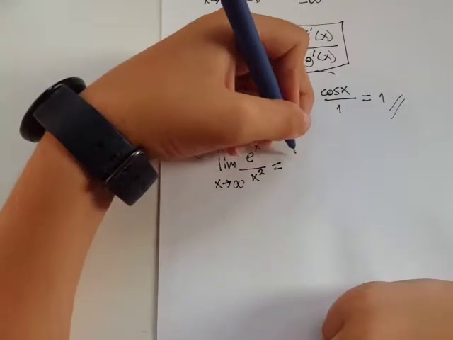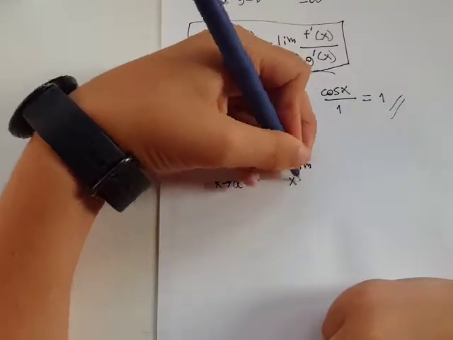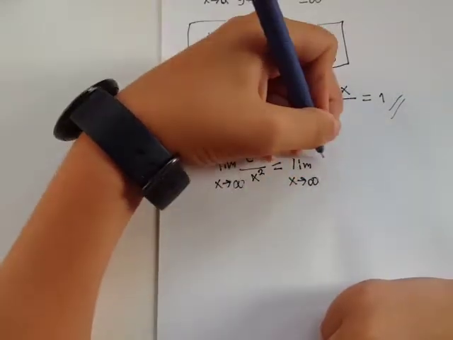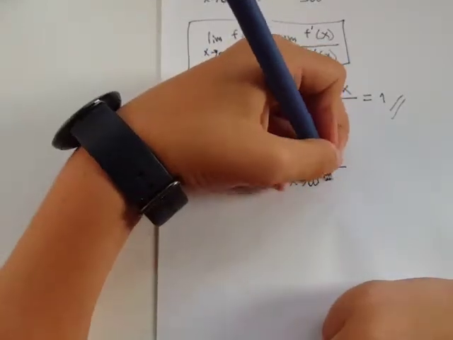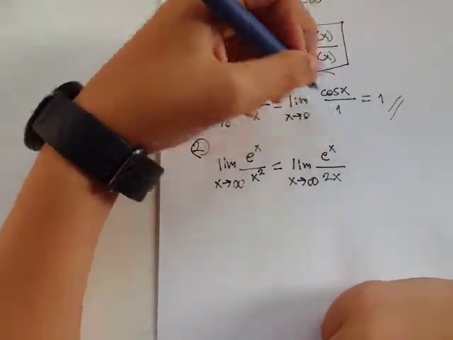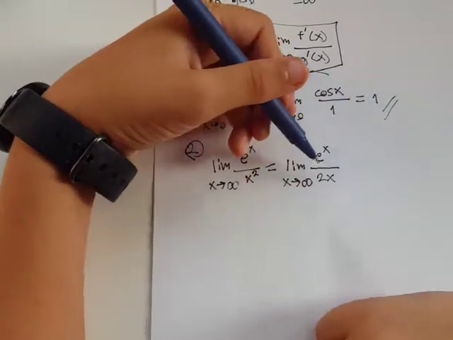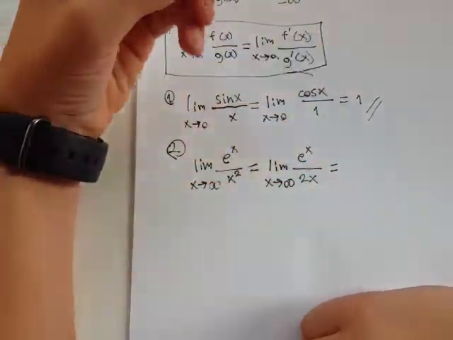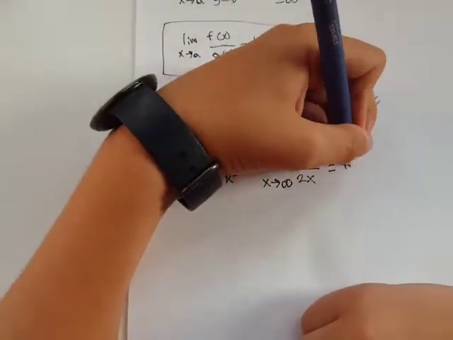So the derivative of e to the x is just e to the x, and the derivative of x squared is 2x. Now, again, both of them approach infinity, so we apply L'Hopital's rule another time.